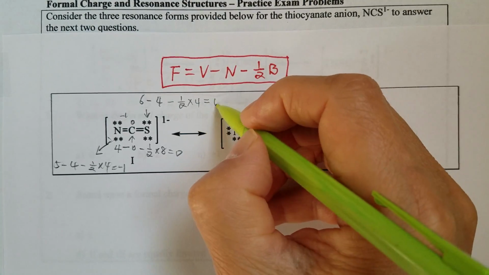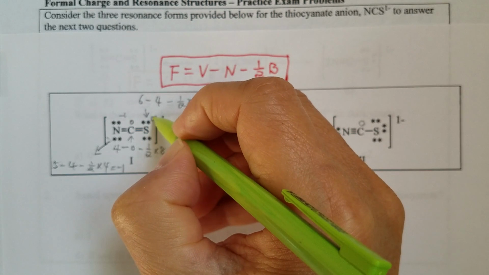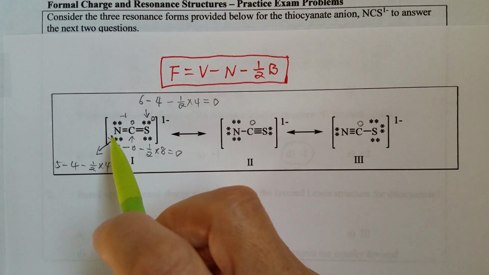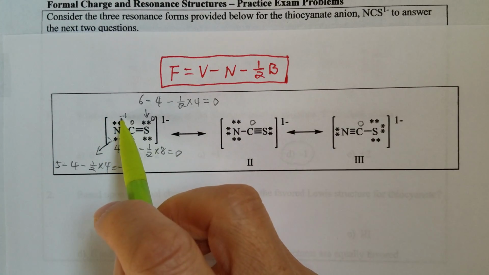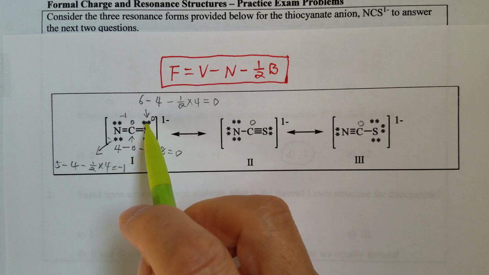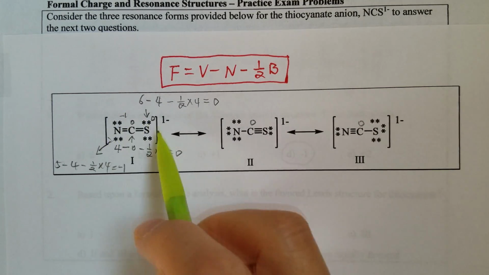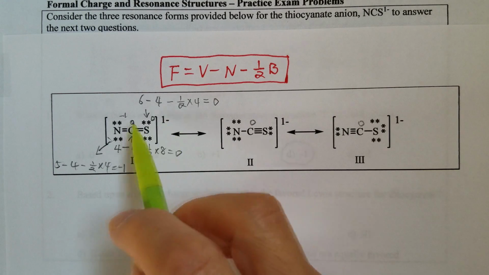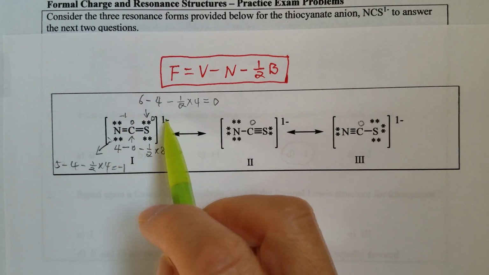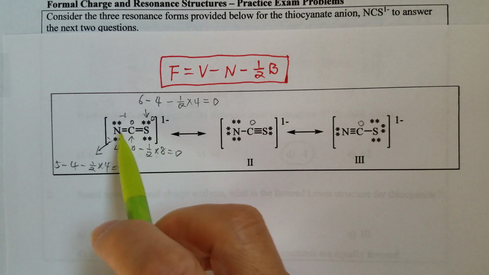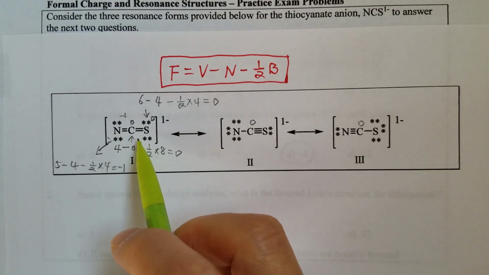So that should give us 0. So therefore, this is 0. Now look at that. -1 plus 0 plus 0 for this overall polyatomic ion should carry -1 charge. So, which means our calculation is correct.